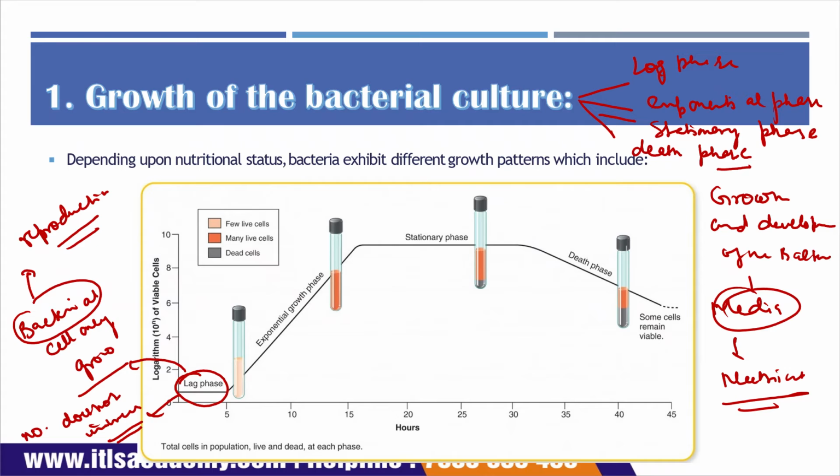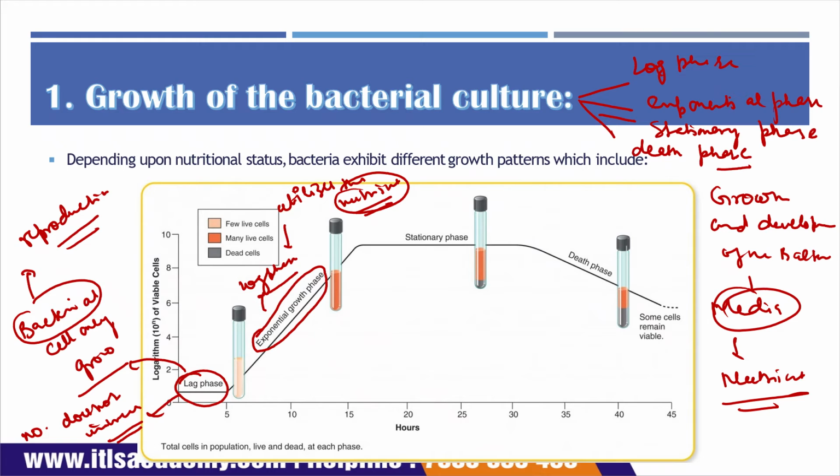Now the next step is your exponential growth phase. This is also known as the log phase. Here the bacterial cell utilizes the nutrient, and with the help of these nutrients the bacterial cells reproduce themselves and increase their number.